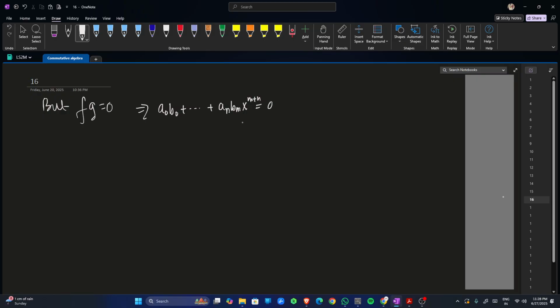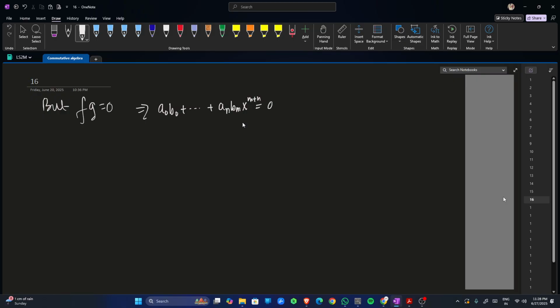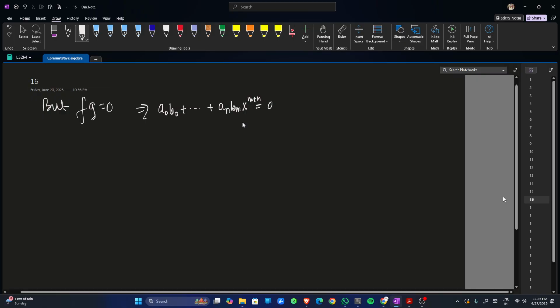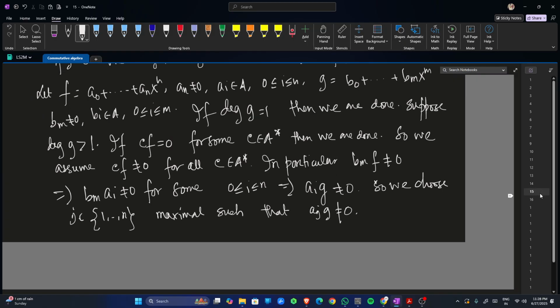So if we compare the coefficient from both sides, this implies b_m a_j is also 0.